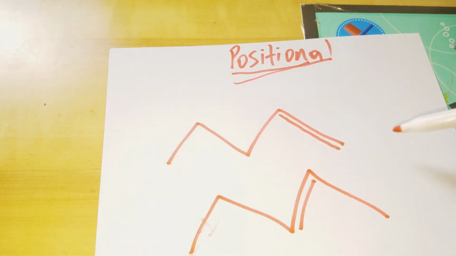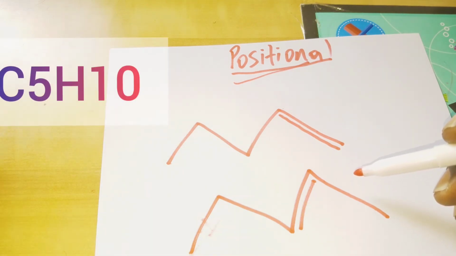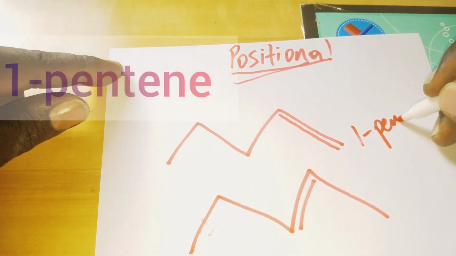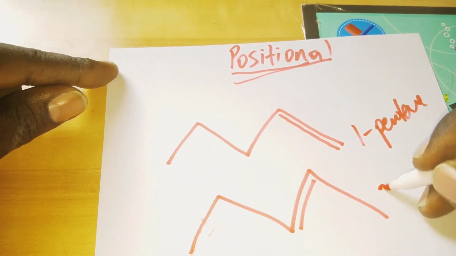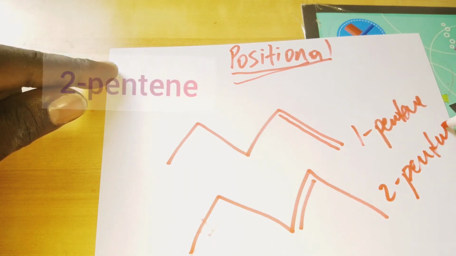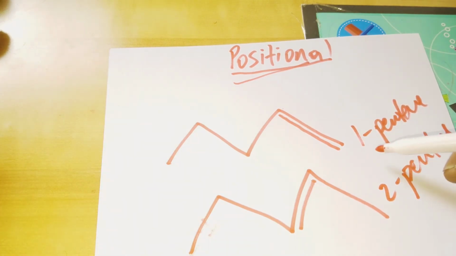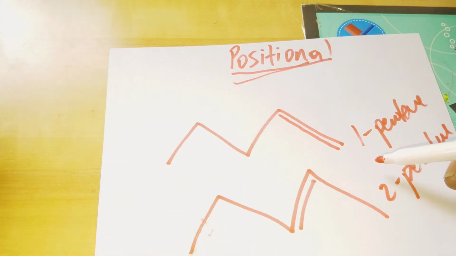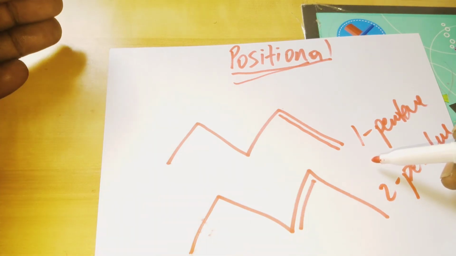These two species have the same molecular formula, C5H10. But the position of the functional group is different. So we call this 1-pentene and we call this 2-pentene. The position of the double bond has changed. They have the same molecular formula, so they're isomers of each other.